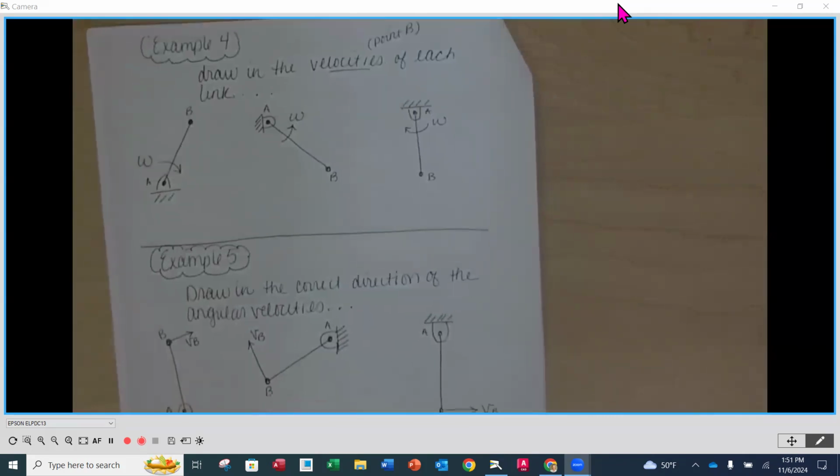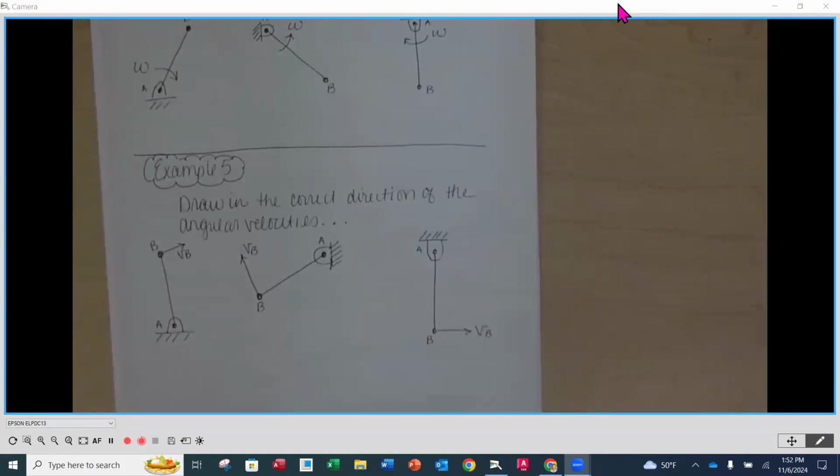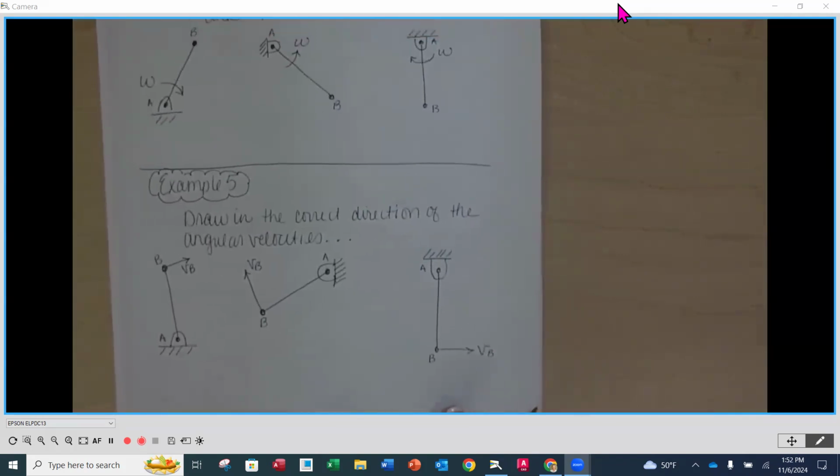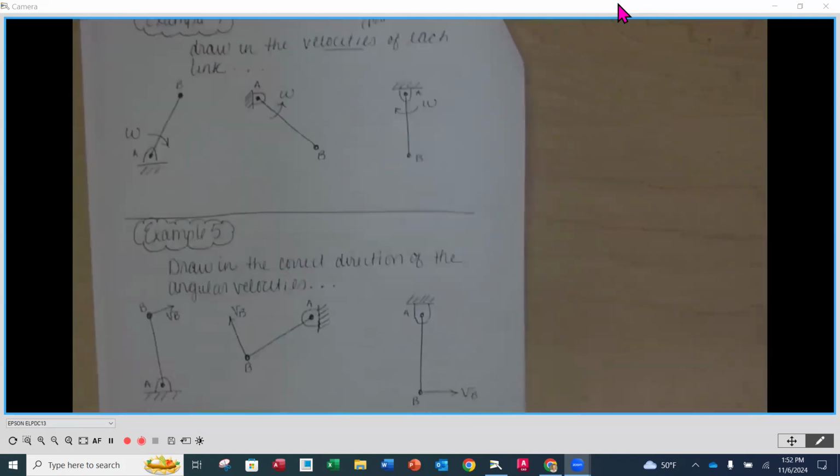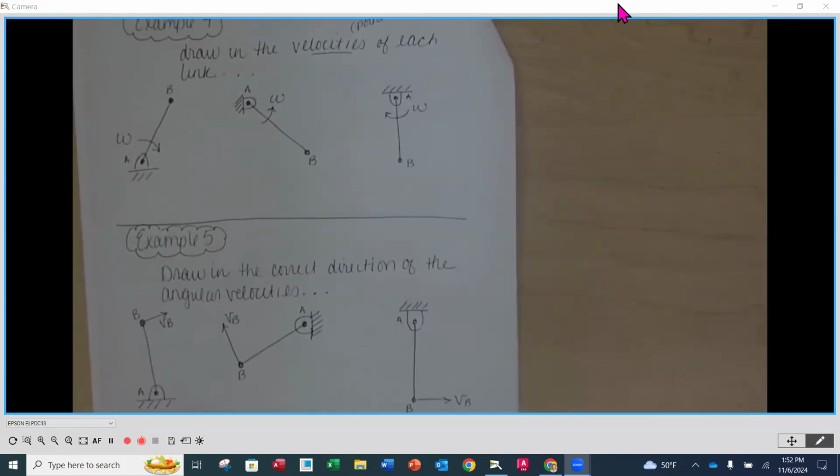And then if you want to go right down to the bottom for example number 5, you can do that as well. And we'll look at this page in a minute or two. I'll see when everybody looks like they're done. So go ahead and do both examples on page 6.